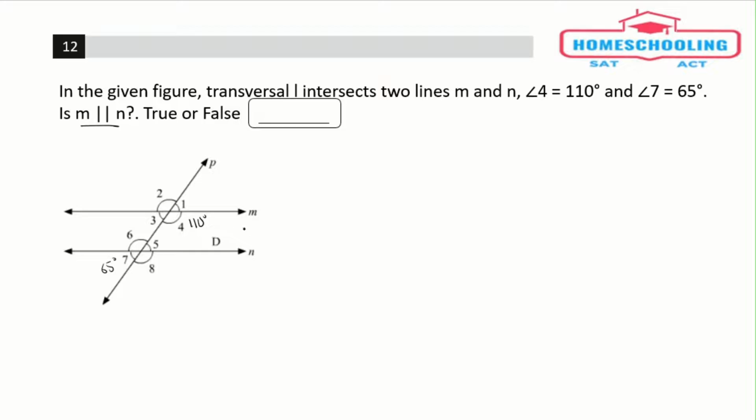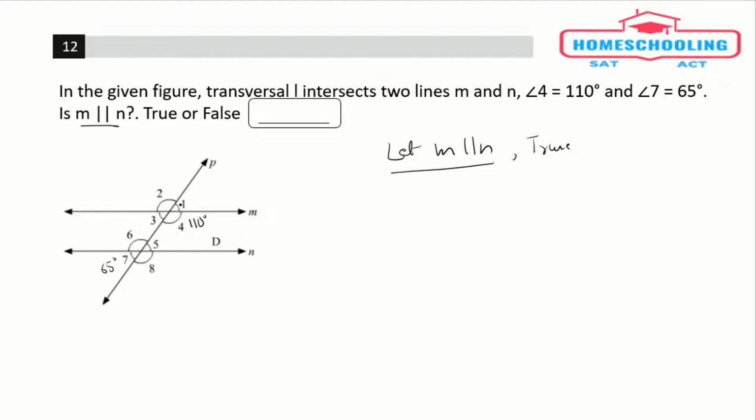So let's take M is parallel to N to be true. As we have read in the basics of this video, if these two lines are parallel, then we have various angles like vertically opposite, corresponding, alternate, and interior angles.